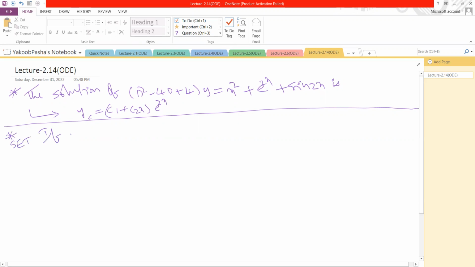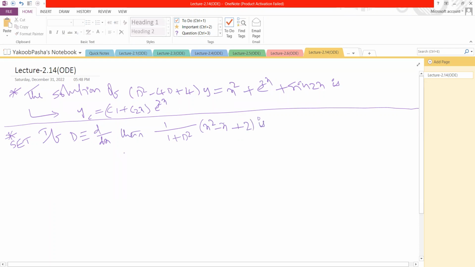If D is equal to d by dx, then find the value of 1 by 1 plus D square of x square minus x plus 2.